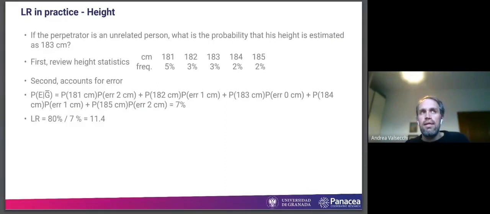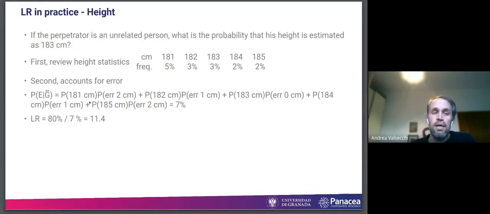So if the estimation is 183, maybe the true height is 181 and the police made a 2-centimeter error, or maybe the true height is 182 and the estimation was off by 1 centimeter, or maybe the estimation was not off and the true height is 183, and so on. So finally, we get our result of 7%.